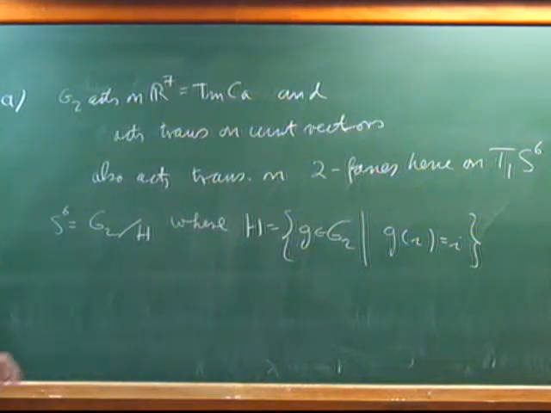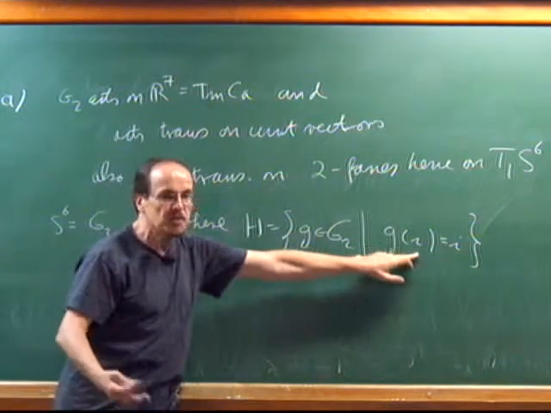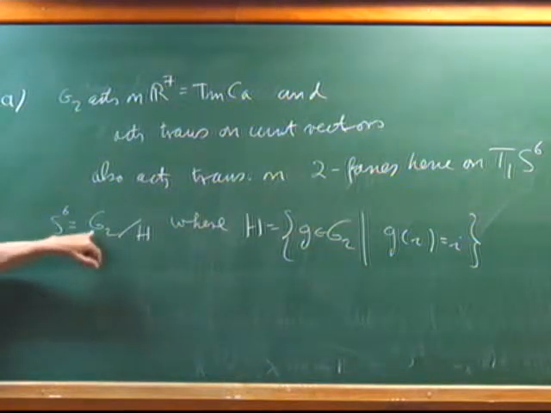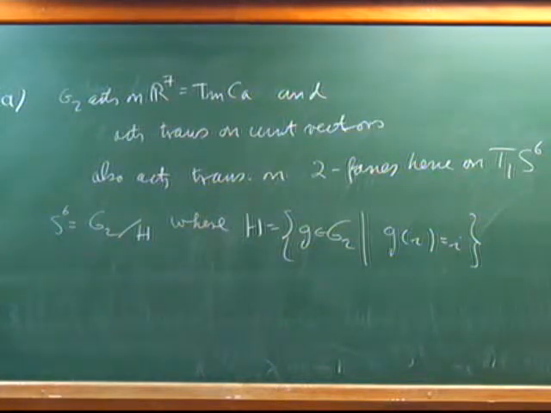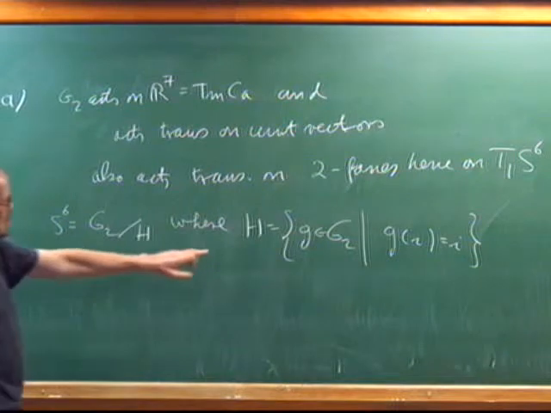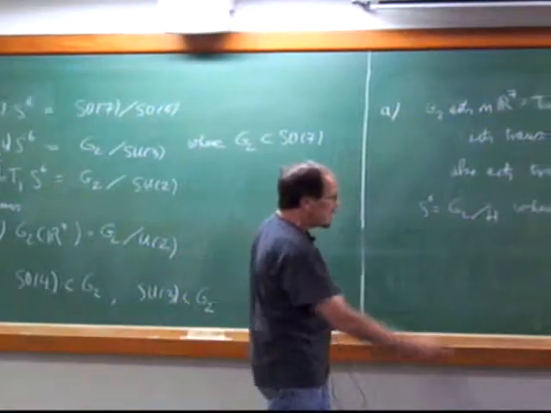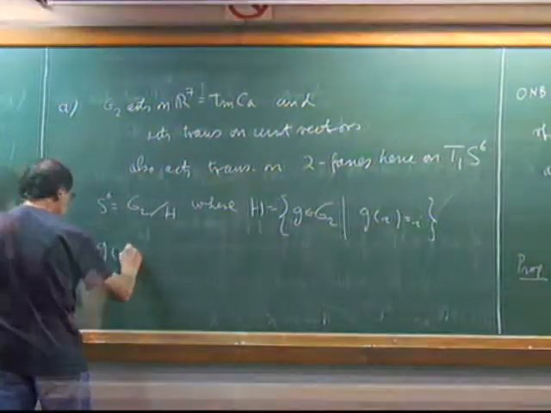Right, G2 acts on the imaginary Cayley numbers. So pick out a unit vector, say I for simplicity, and that's the isotropy at the point I, which means I can then get an identification of S6 with G2 mod that isotropy in the usual way. So let me now describe what H is. I want to claim that H is, as claimed over here, SU3. So let's see what this means. Remember, G was an automorphism of the Cayley numbers.